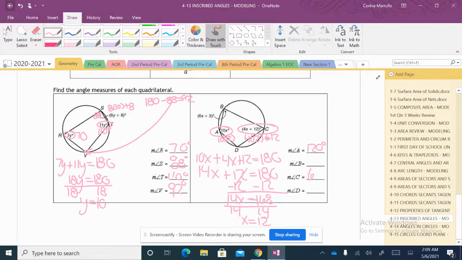So angle C is 60 degrees. And then here, 6 times 12 is 72, plus 3 is 75. So that's angle B. That means that to find angle D, we're going to do 180 minus the 75, and that gives me 105. That's it for me. Thank you guys. Bye.